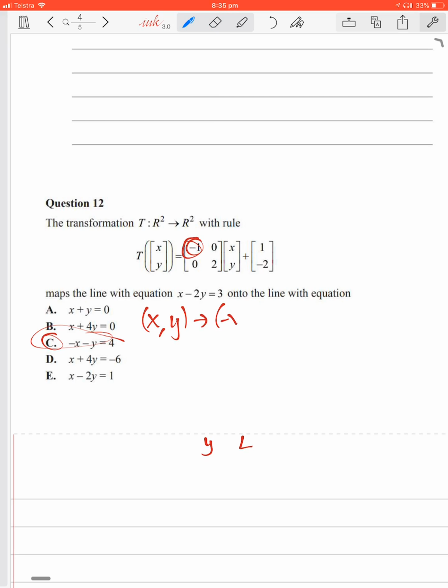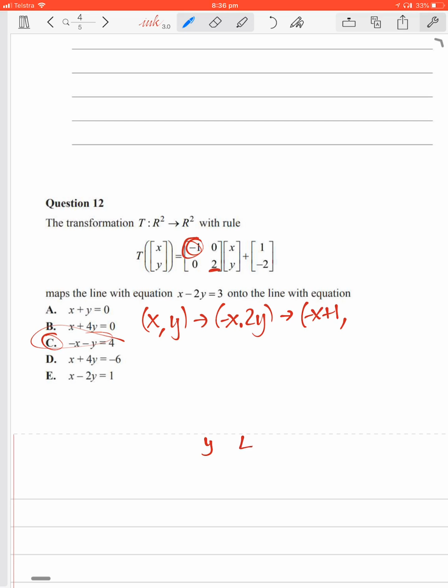So that makes all my x values negative. And that is a dilation factor 2 from the x-axis, so that would become 2y. And then I want to move all of my x values right one, so that'll become negative x plus 1.